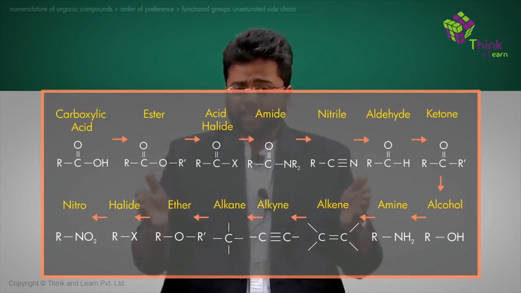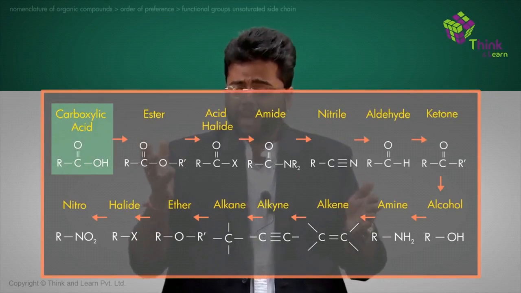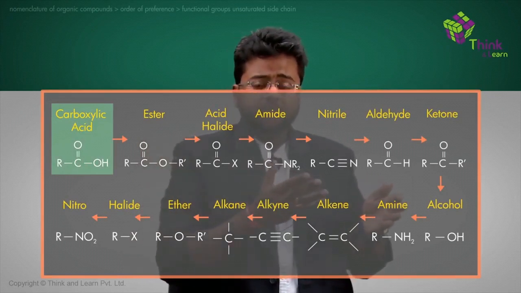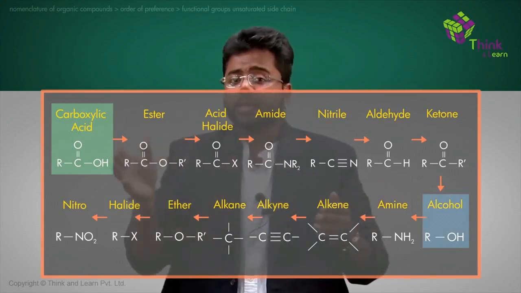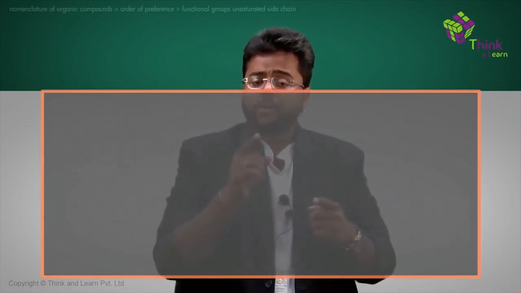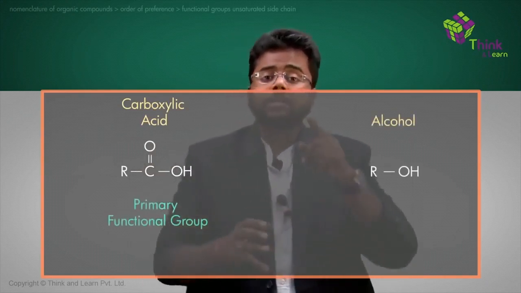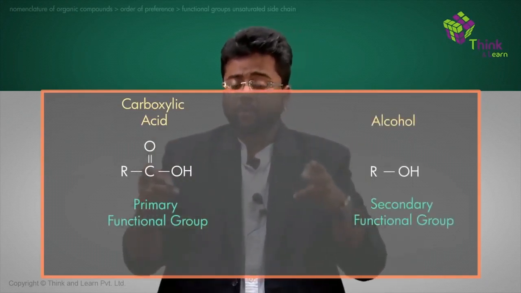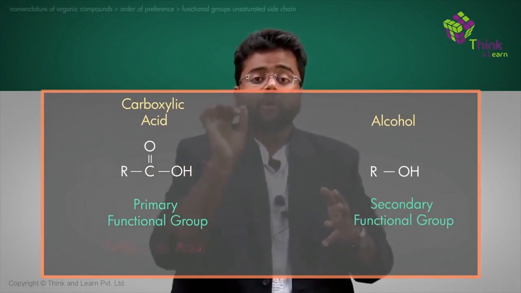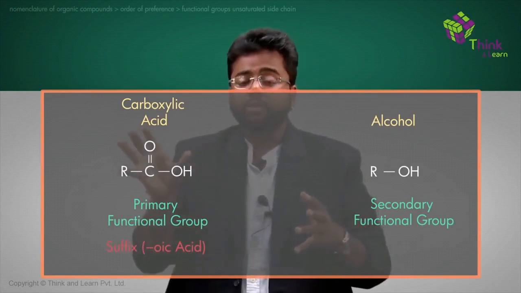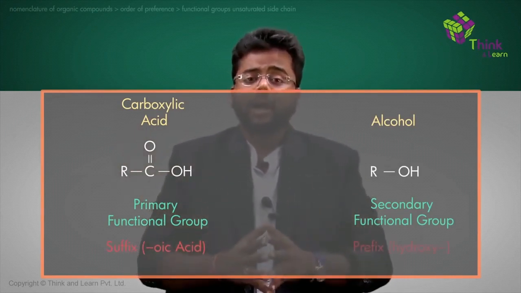Take a look at the priority series. Carboxylic acid has the highest priority, and somewhere down here is alcohol. So who's getting the higher priority? The carboxylic acid. So carboxylic acid is the primary functional group and alcohol is the secondary functional group. If these two are present in any compound, the suffix oic acid would be used for carboxylic acid, but the prefix for alcohol would be hydroxy.